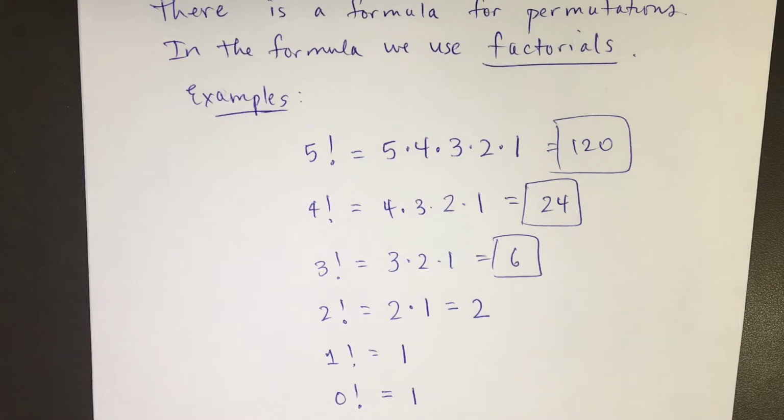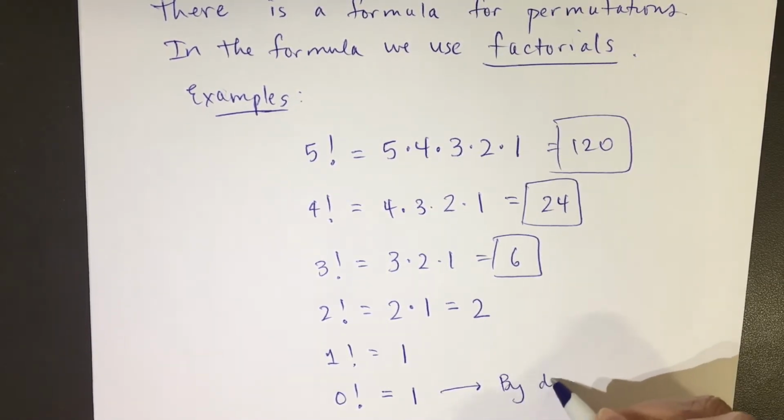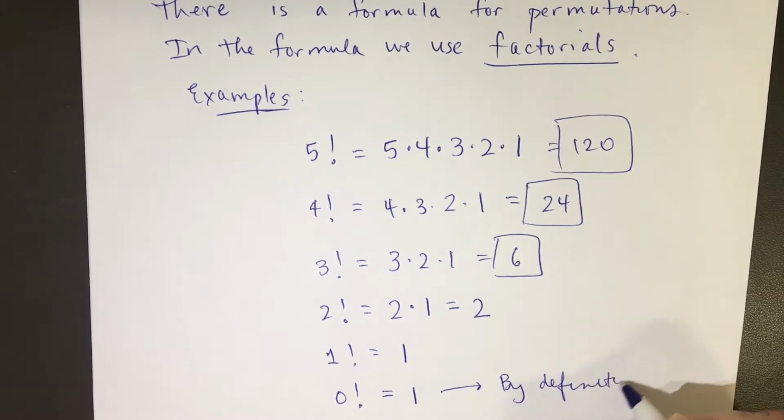In math, if they say something's by definition, it's kind of like, you know, has your mom ever told you to do something and you say why, and what does she say? Because I said so. So by definition, it's kind of like that. Because I said so. So by definition, 0 factorial is 1.